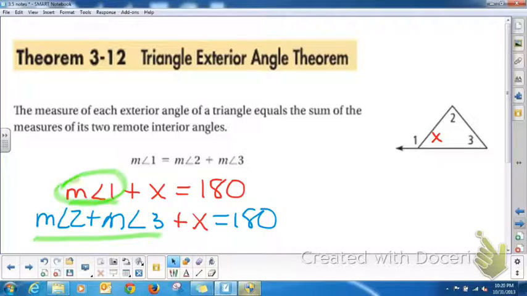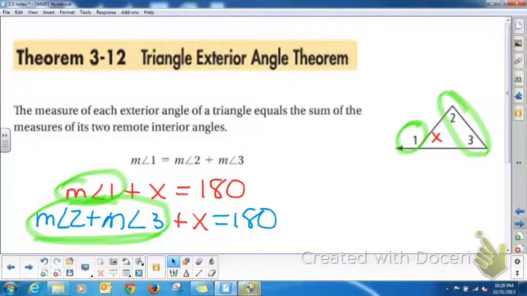So angle 1 must equal the same measure as 2 and 3. And that's the idea of this theorem. So the exterior angle, the one on the outside, equals the sum of these two on the inside.